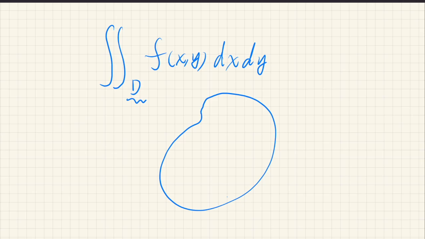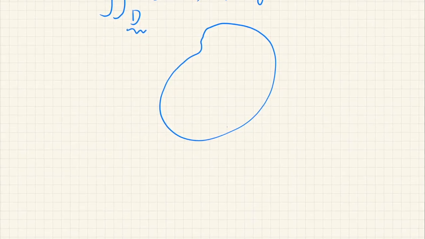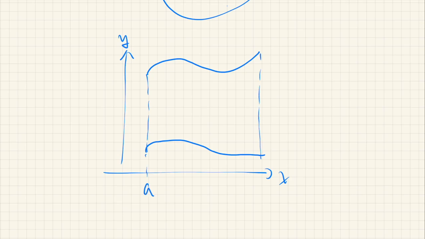But before dealing with general closed Jordan regions, we deal with a special type of Jordan regions. That is something like this. In the xy plane, we consider two functions such as this and this, that are defined on a closed interval, let's say a and b.